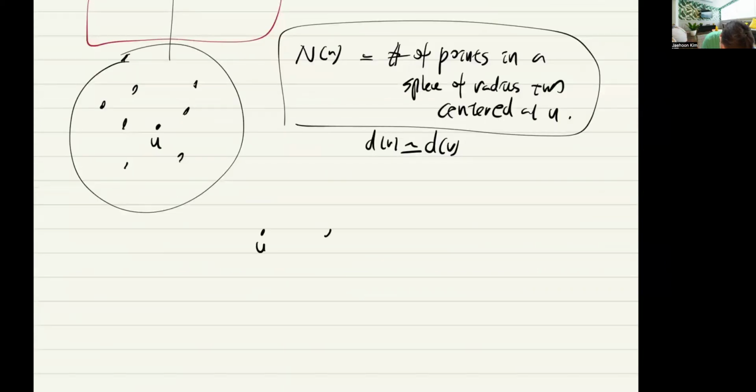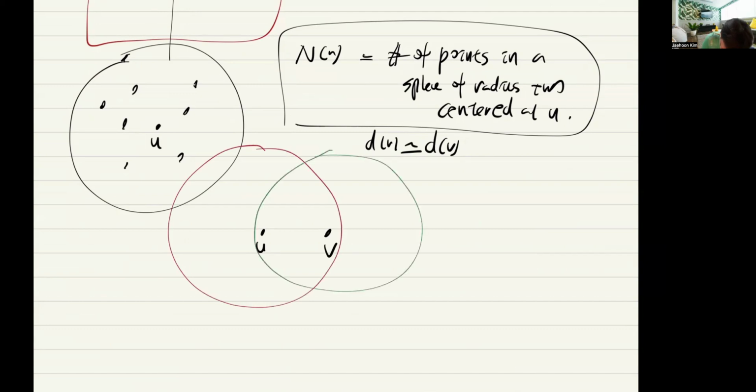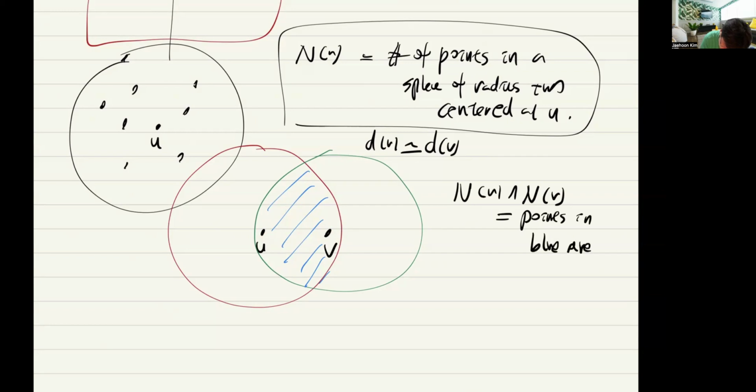And for two vertices u and v, you consider the pair here against the pair here. Then what you can show is that the points here are the co-neighborhood of this u, v. So this is exactly the points in the blue area. What do we know? This radius is 2, and this is x.